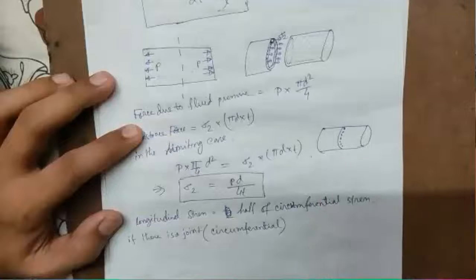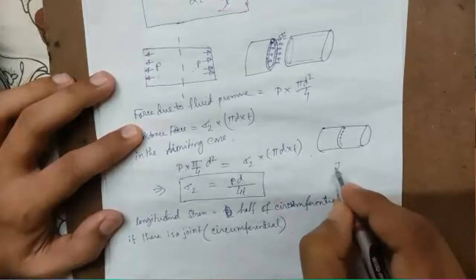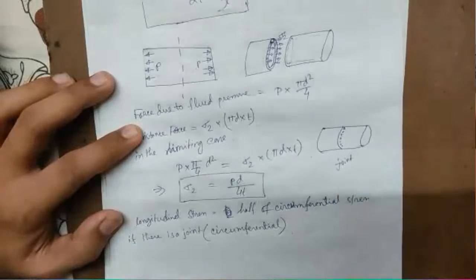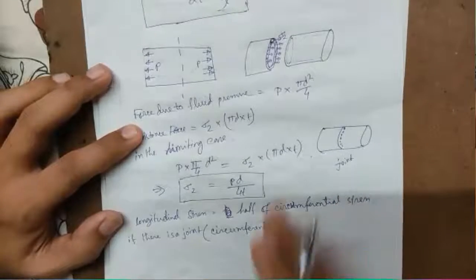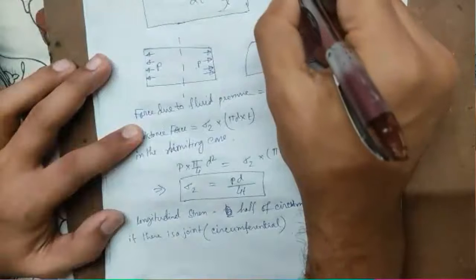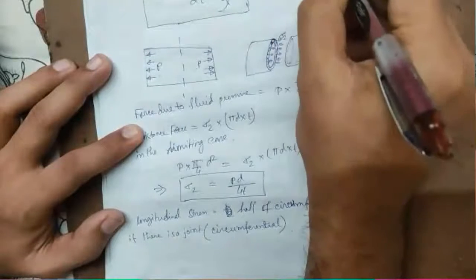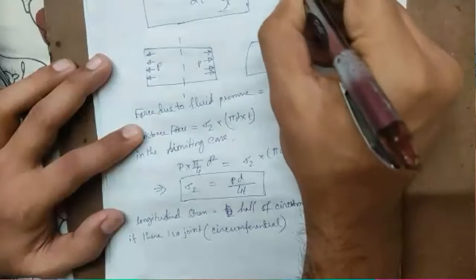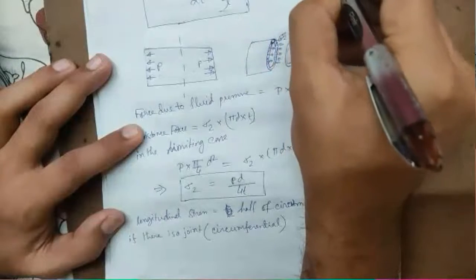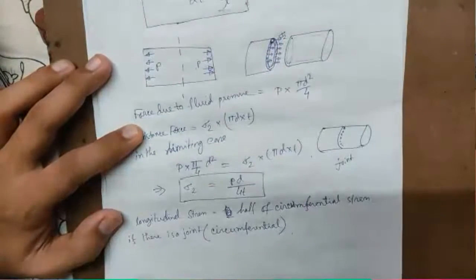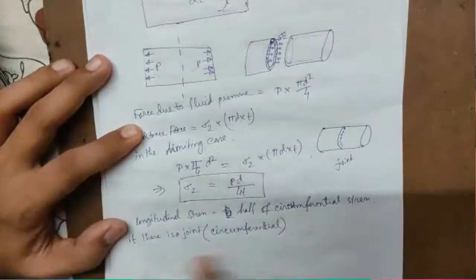So in this case, when there is a joint, and in case of a longitudinal joint, the joint will look like this. Riveted lap joint.